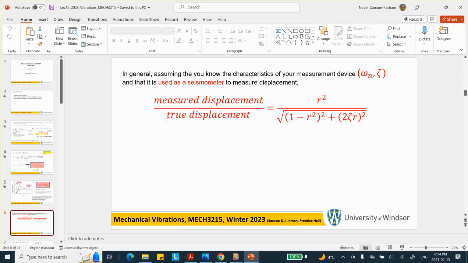Measured displacement over true displacement, the mechanics of it is that they're related to frequency ratio like that. This is why R, natural frequency of the transducer, comes into the picture, zeta, the damping ratio of the transducer comes into the picture, and of course the actual excitation of the base is in there because it's the numerator of R. So this is in the seismometer region.